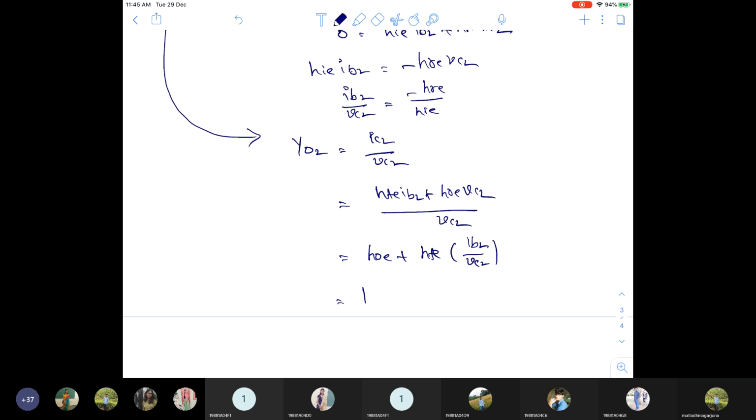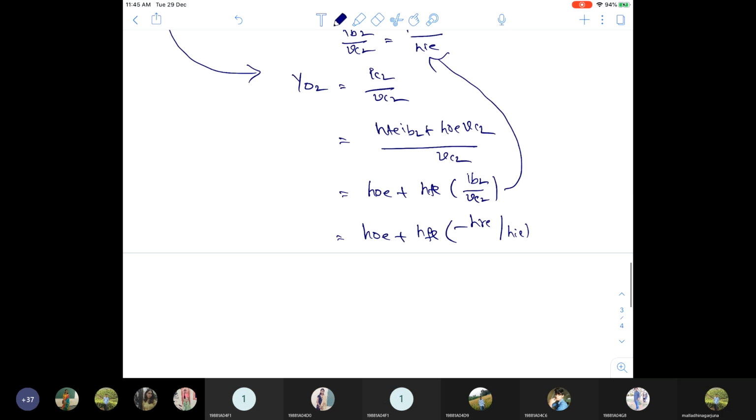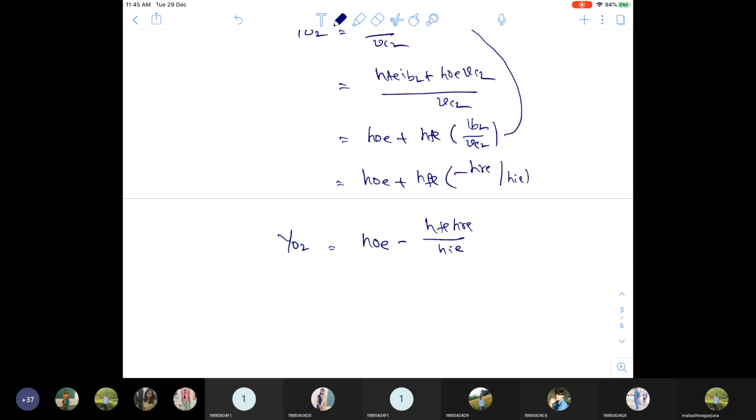In the place of IB2 by VC2 you can substitute minus HRE by HIE. So finally Y02 equal to HOE minus HFE HRE by HIE.